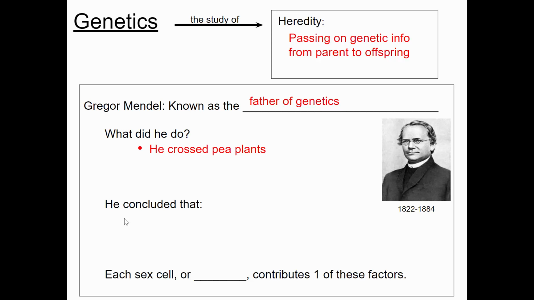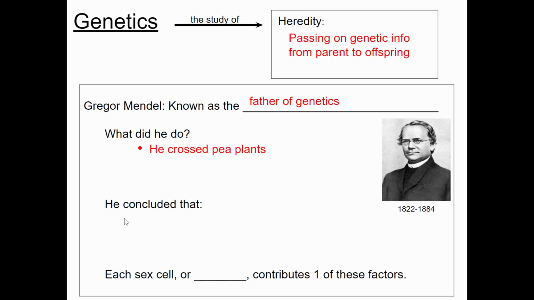And so he used these pea plants to help him understand how traits are inherited from one generation to another. Because with plants, you could take a tiny paintbrush and rub it on the stamen, the male part of a flower, and get some pollen on the paintbrush. Then you could take it to another pea plant and brush it onto the stigma of that plant, and you could basically make this plant reproduce with this plant and see what the results are.